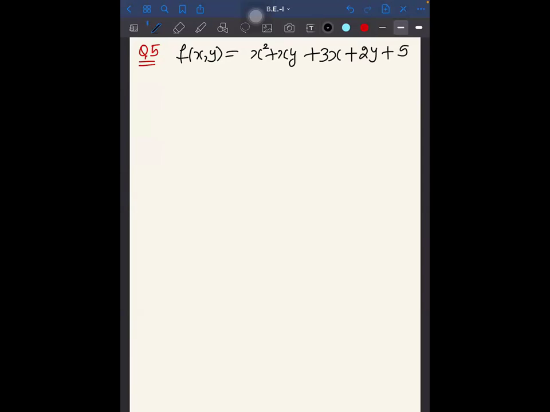So again start with the same thing, that fx = 0 and fy = 0. So fx = 0 means what? 2x plus y plus 3 is equal to 0. And fy = 0 means what? x plus 2. So yeah, x plus 2, right? So we don't have anything over here.